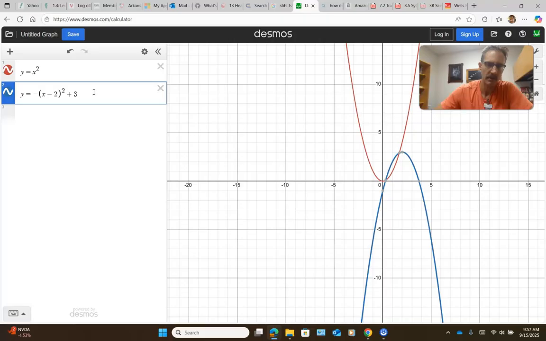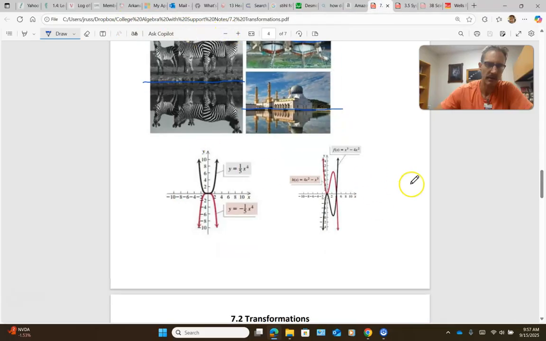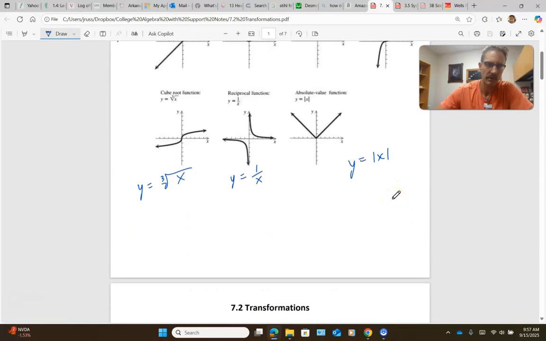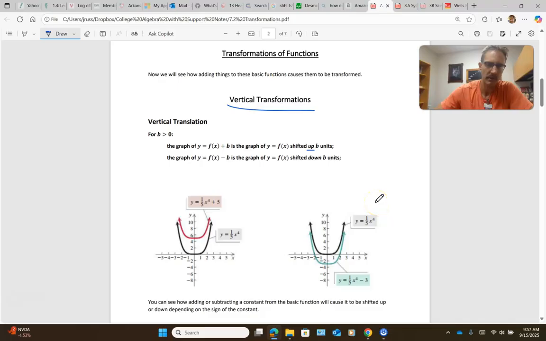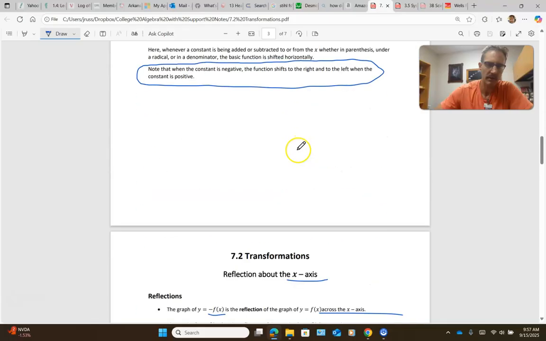So you'll know the shape of it, and furthermore, you can start to pick out how it's going to be transformed, and consequently its orientation, without ever actually having to graph it. That's kind of what we're trying to get at in this section. So we've gone over the three transformations that we're going to see: a vertical, a horizontal, and a reflection about the x-axis.